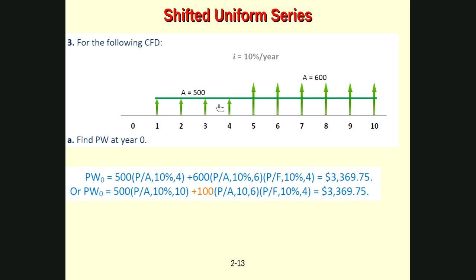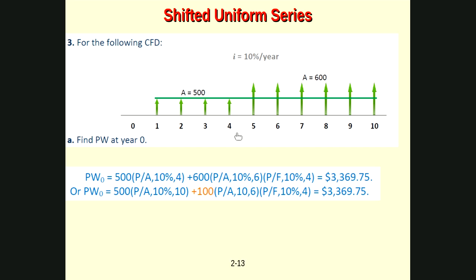Either you consider from year 1 to 4 as an annual with the 500 and you convert it to 0 by using P given A for 10% for the number of years 4, and then you convert these 600 to year 0, but you cannot move them to year 0 directly.